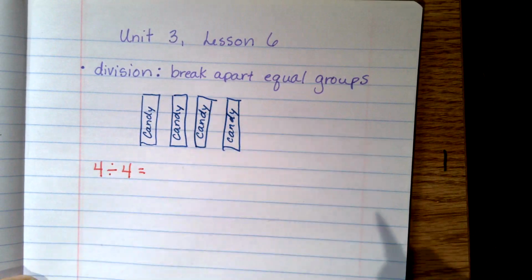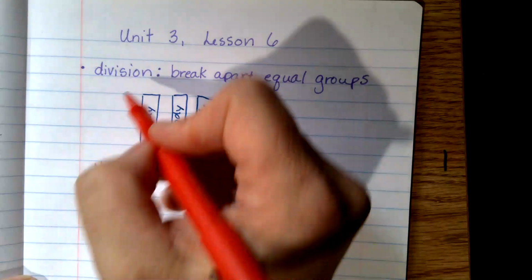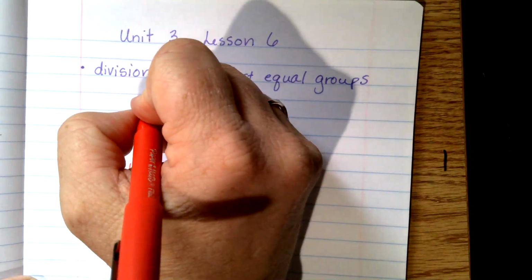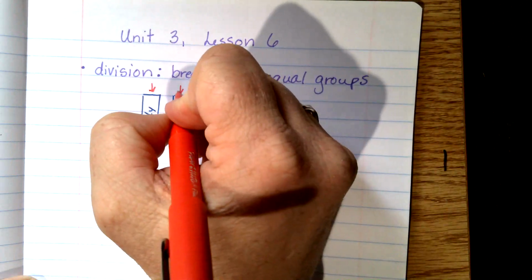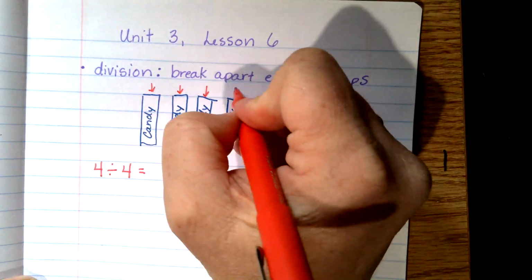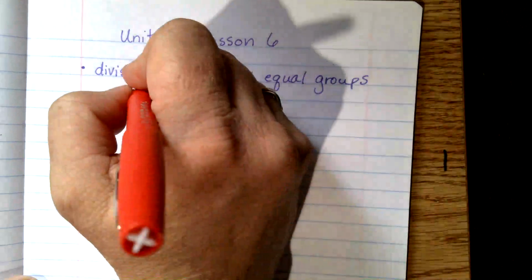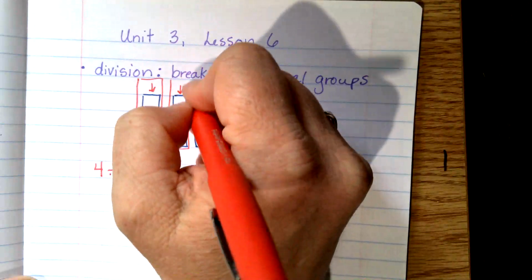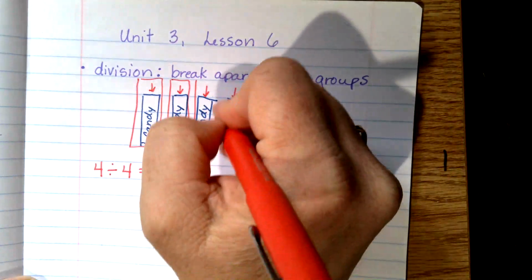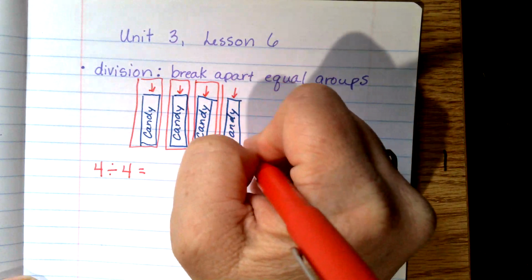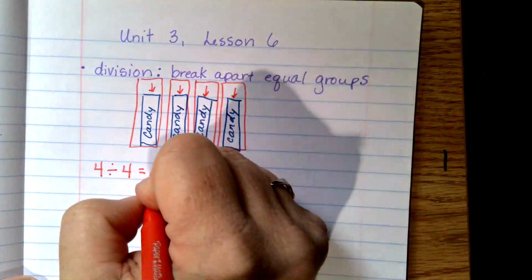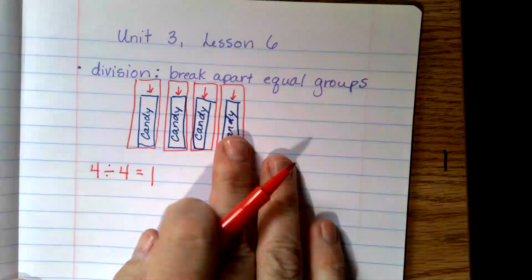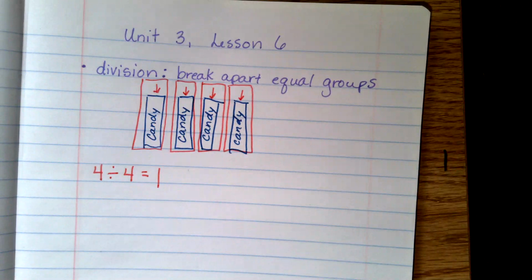Each person is going to get 1 candy bar. There's 1, 2, 3, 4. So when I divide them into 4 groups, I get 1 candy bar in each group. 4 candy bars divided by 4 people means each person gets 1. So we're breaking these apart into equal groups.